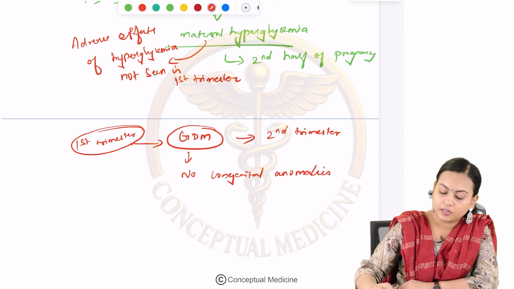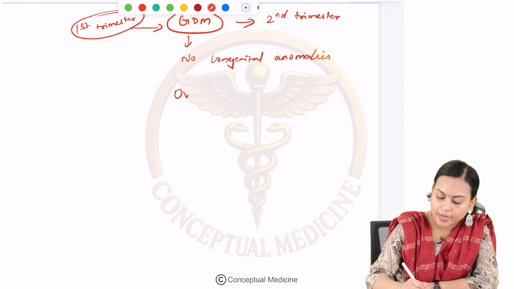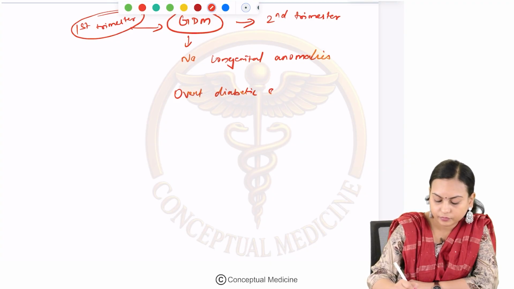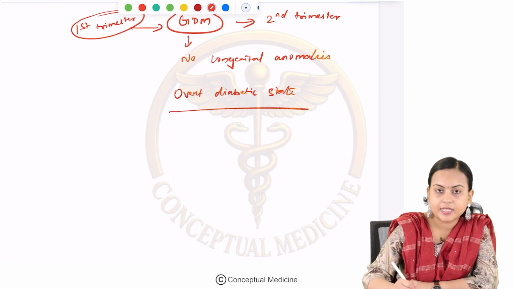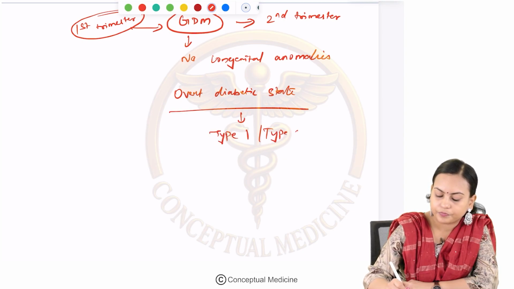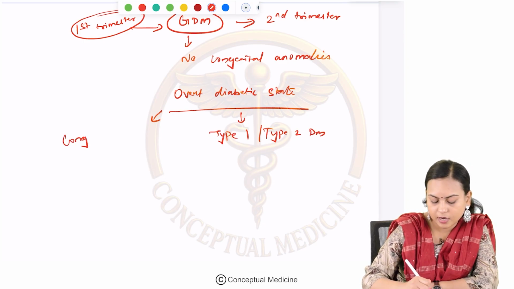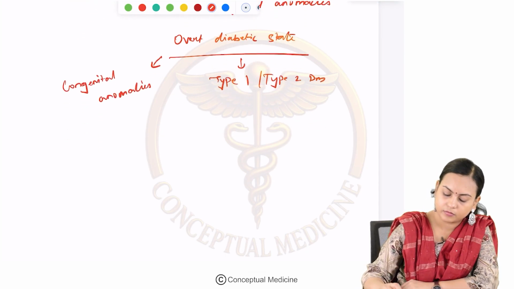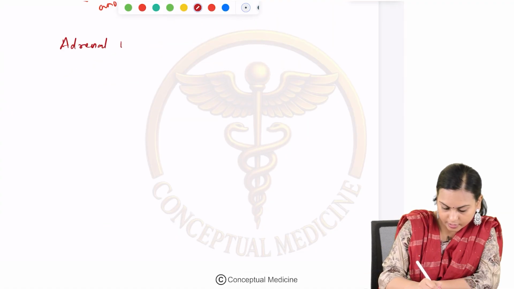Okay, but when there is an overt diabetic state, like previously itself she is a known case of type 1 or type 2 DM, then that can result in congenital anomalies. Okay, we will see about adrenal cortex.